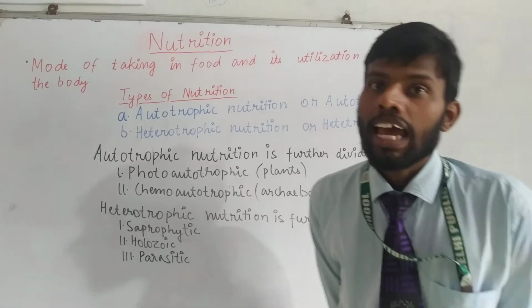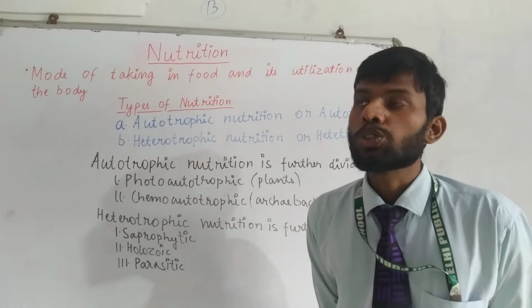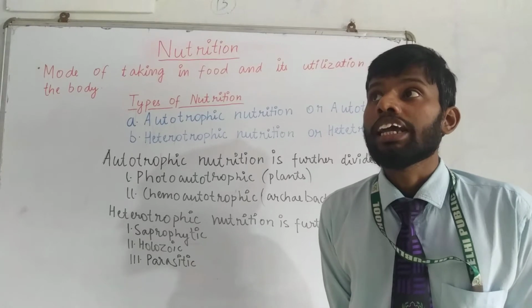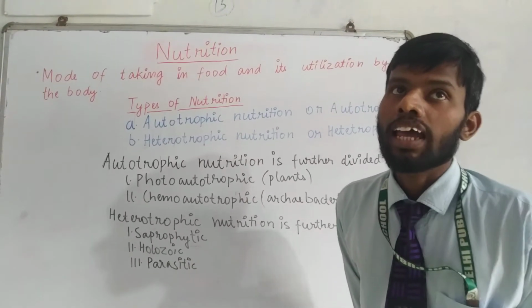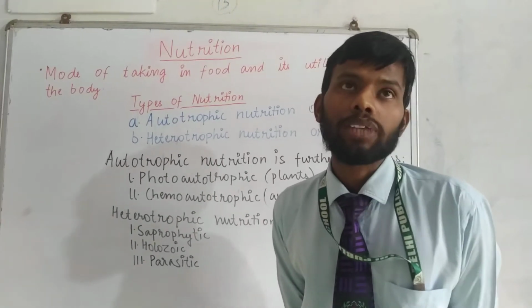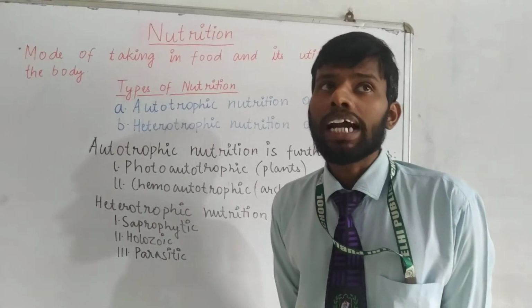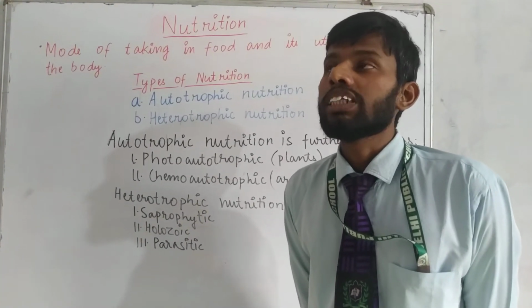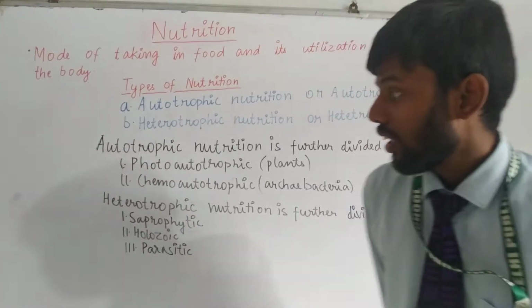For example, as we studied in earlier classes, plants manufacture food by the process of photosynthesis, in which they take sunlight from the sun, carbon dioxide from the environment, and water from the soil, and combine all these to manufacture glucose, which is used by plants to carry out all their life processes.